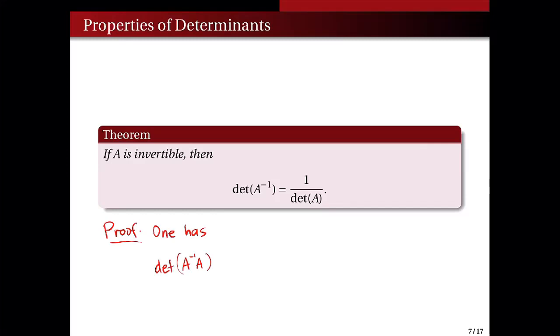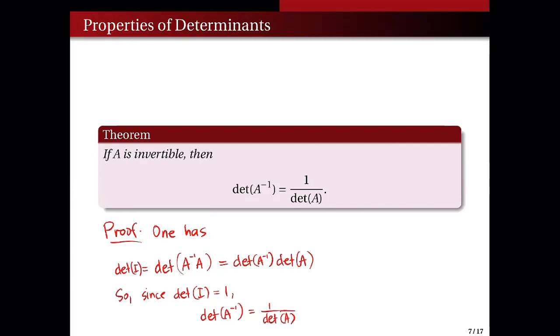But A inverse A is equal to I. So we need to get the determinant of I. And then using the previous theorem, we will have determinant of A inverse times the determinant of A. Therefore, since determinant of I is equal to 1, it follows that the determinant of A inverse is equal to 1 over determinant of A.